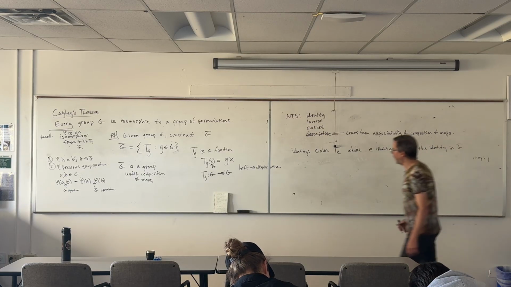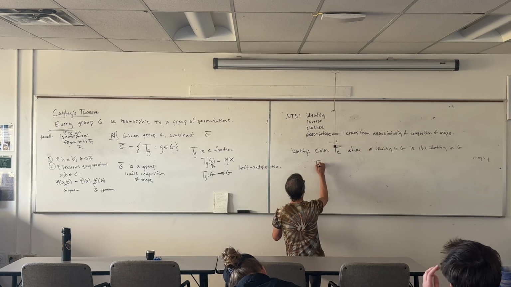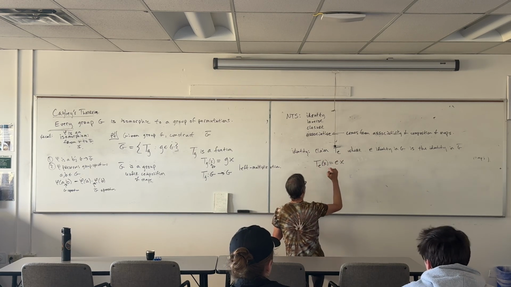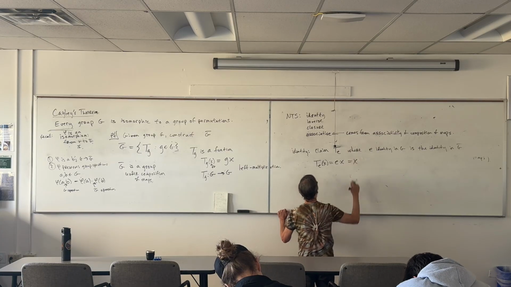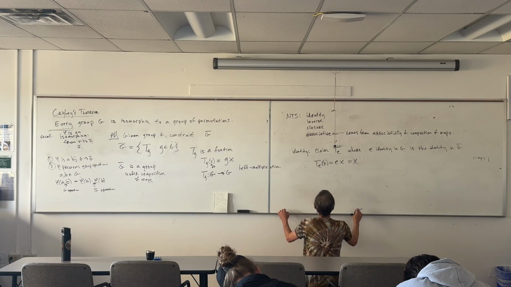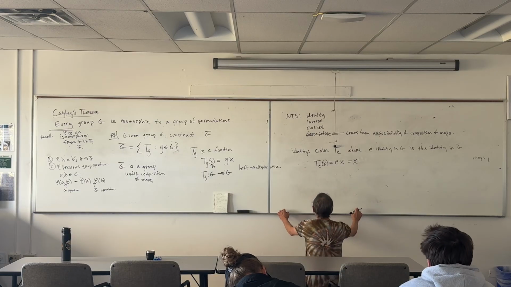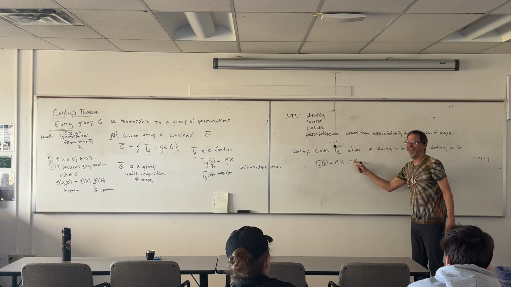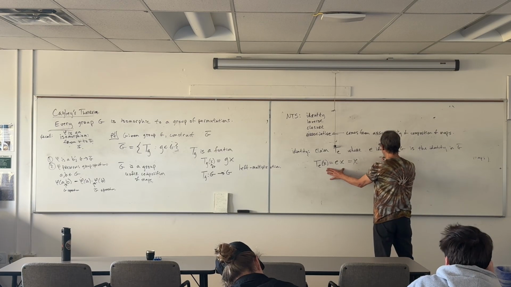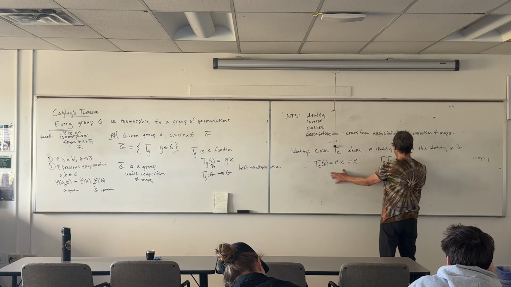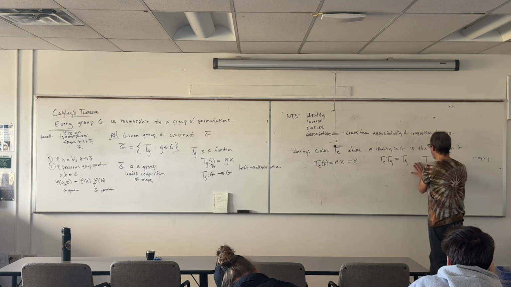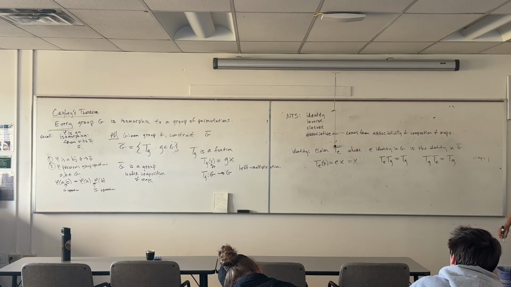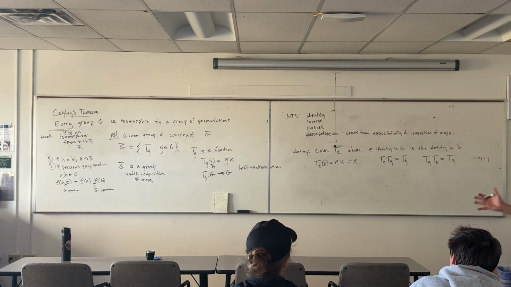Let's just convince ourselves that that's true. T sub E looks like this, and since the identity just returns the thing that's multiplied by, it's just X. Maybe it's obvious from that. If I compose this with any map, it doesn't change it. So if I do T E, T G, that's T G, and if I do it the other way, T G, T E, that's just T G. Seems okay? Yeah.